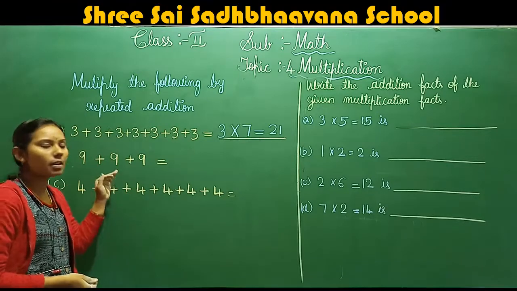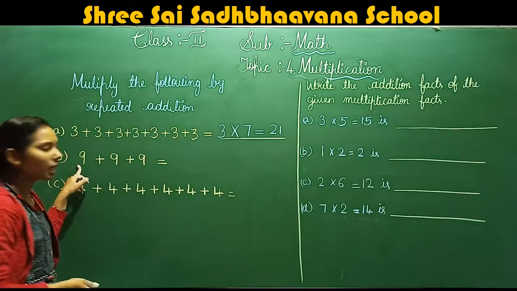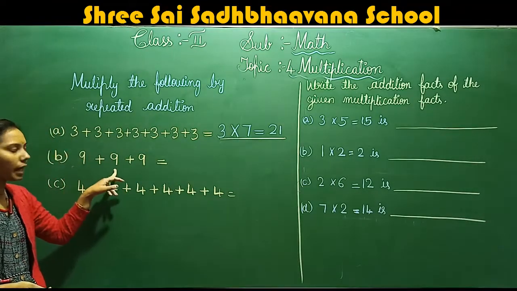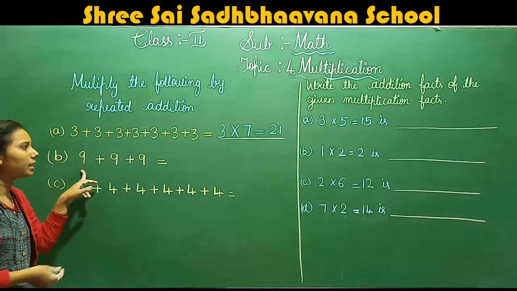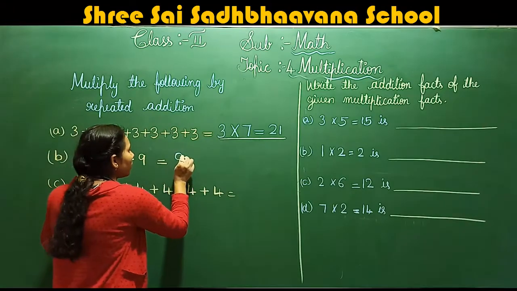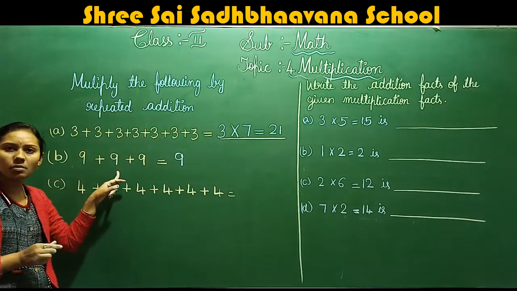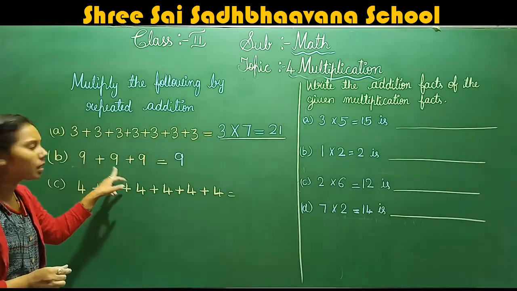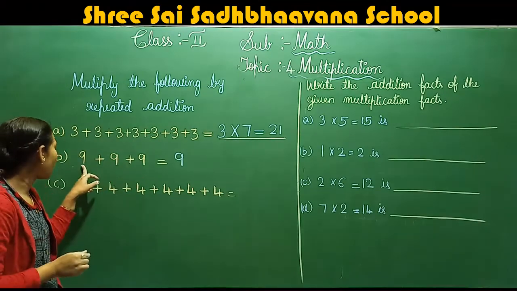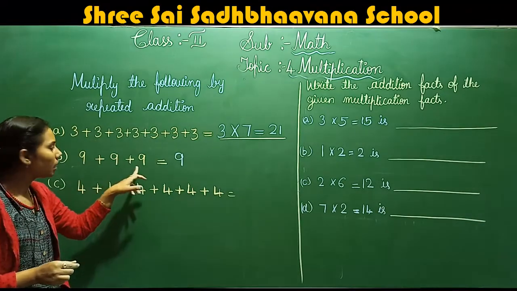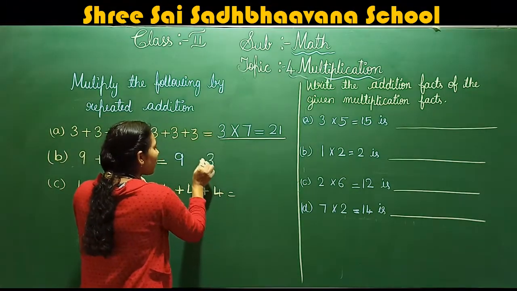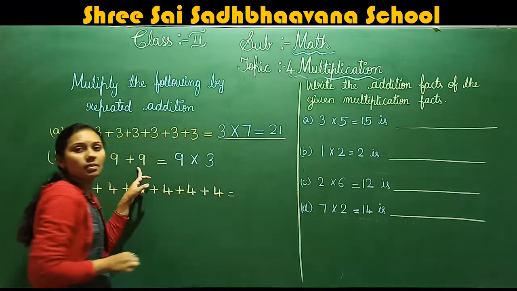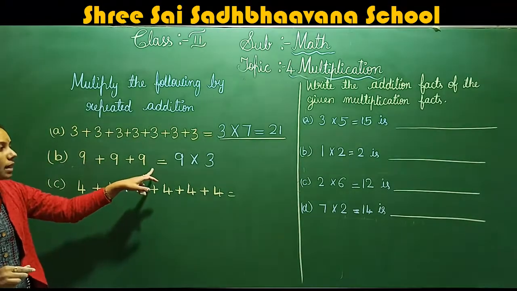Understood, children? Okay, one more sum we'll do. In the D sum, we can see the number 9. How many times can we see the number 9? 1 time, 2 times, 3 times. 3 times.